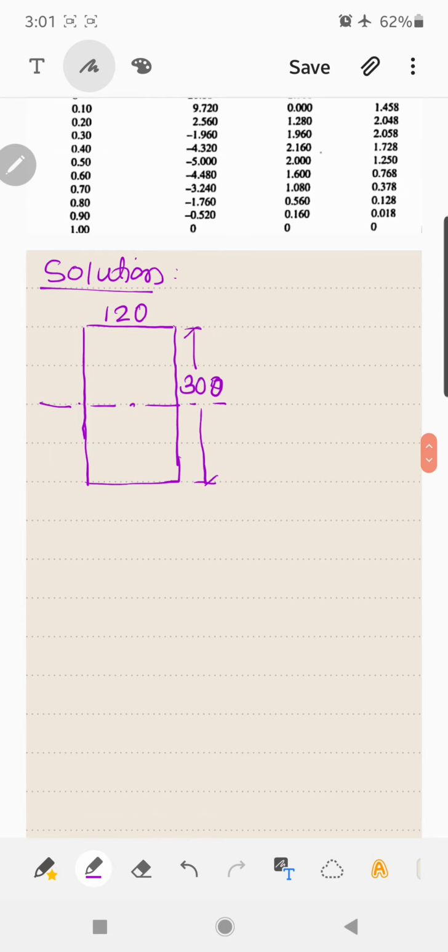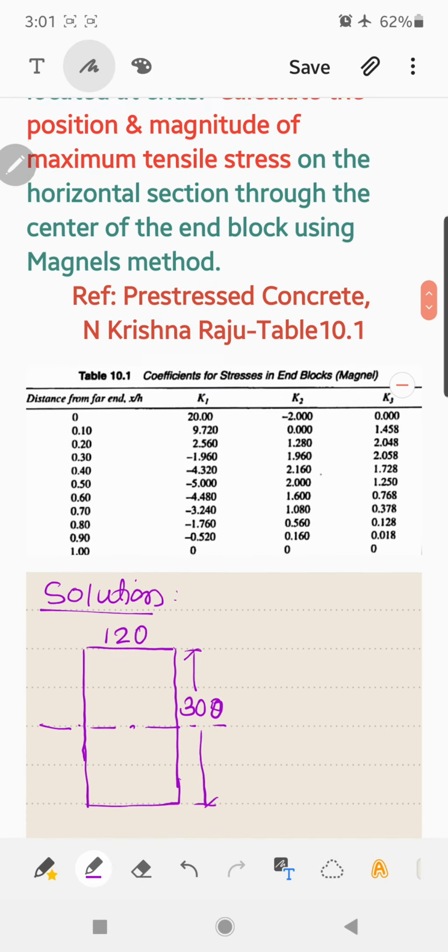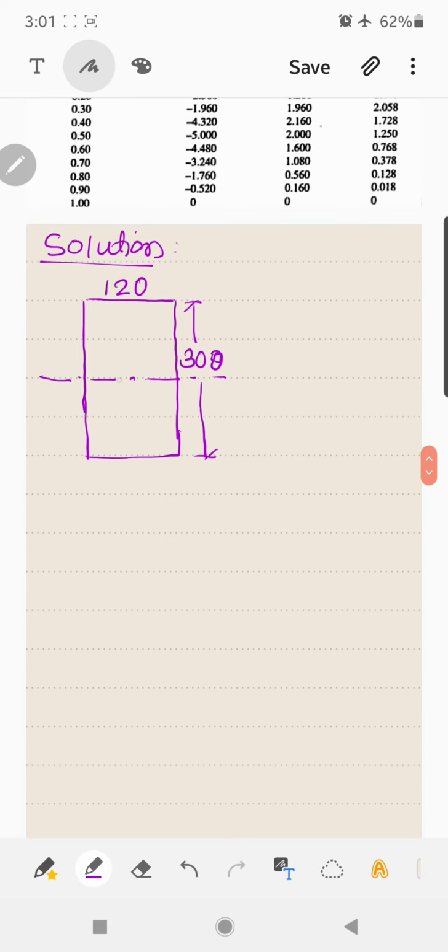The anchor plate is 120 by 75, so 120 is the width and 75 is the depth. It is concentrically located, so the center of the section and the center of the anchor plate coincide. So this is the anchor plate, and this depth is 75 mm.